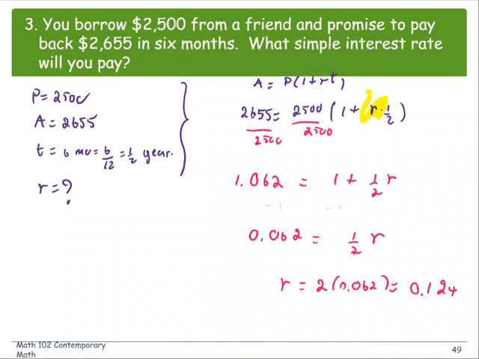Recall R is the rate, and the rate will be in percent as a final answer. We have the decimal form, so we convert the decimal into percent by moving the decimal point to the right 2 places. Therefore, R equals 12.4%.